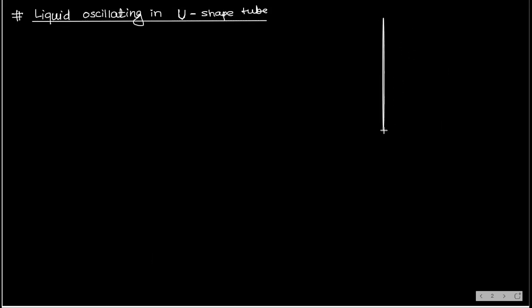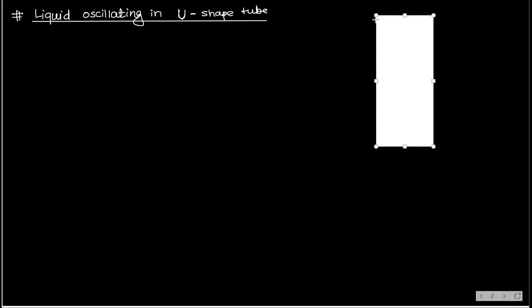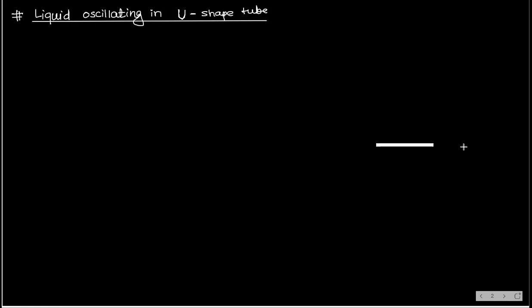First of all, let's draw one U-tube, and in that U-tube, let us suppose liquid is oscillating. Let me draw the diagram first.